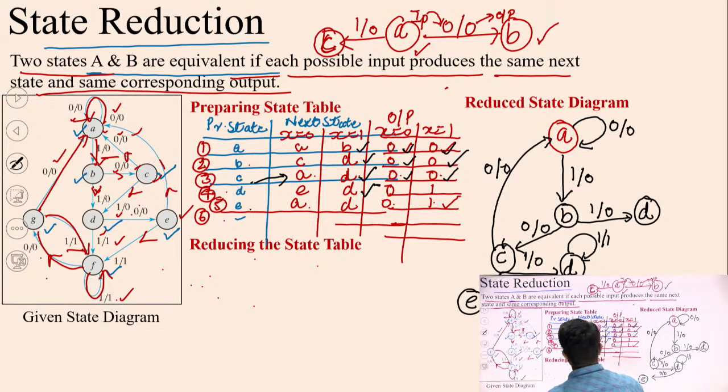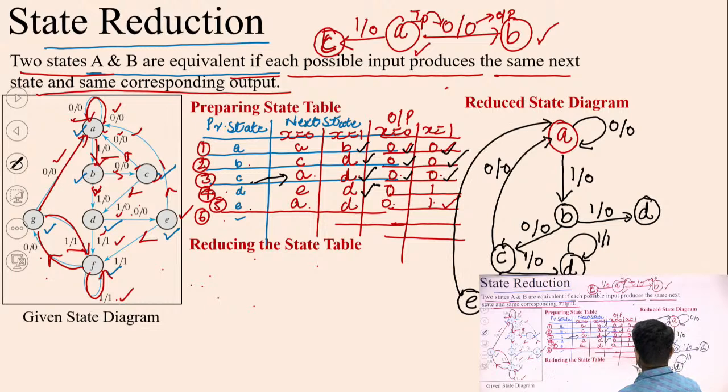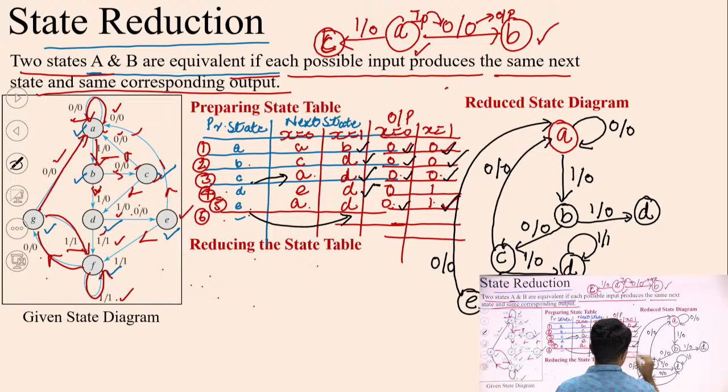Last row: if I am in E, next state will be A for X is equal to 0, and output is still 0, and from E I will reach D if I receive input as 1, and output is also 1. So this is the reduced state diagram.